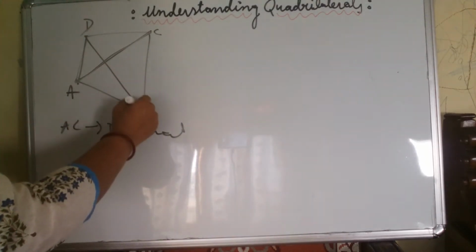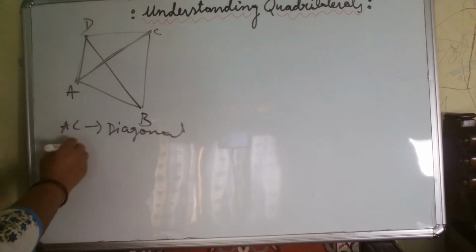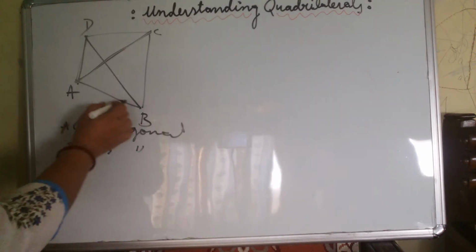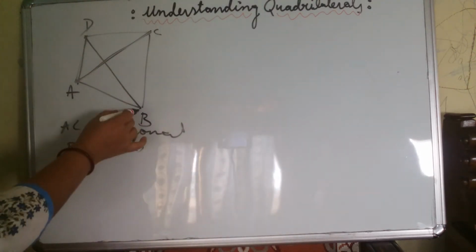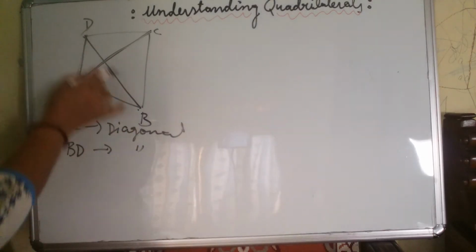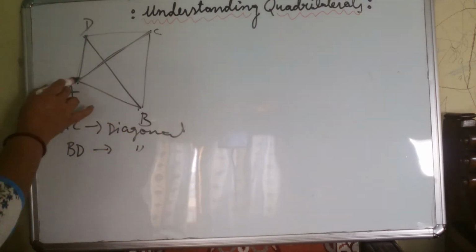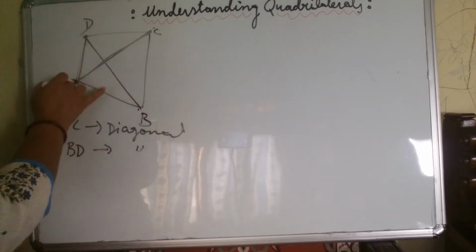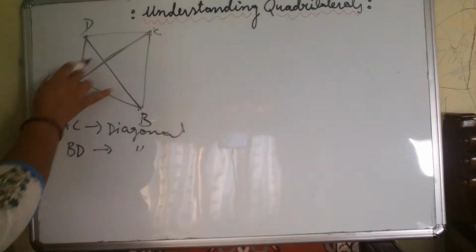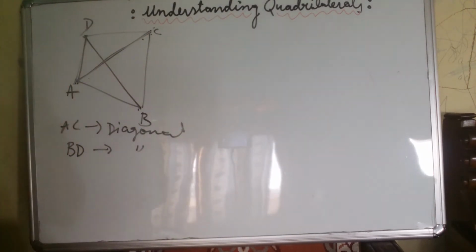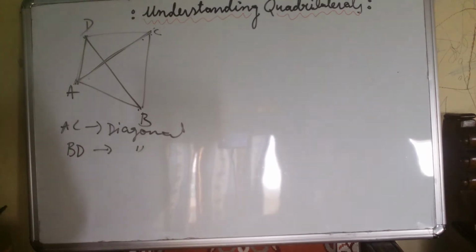And again we can get BD also as its diagonal. So diagonal is a line segment which joins 2 non-adjacent vertices. These A and B are adjacent. This A and C are non-adjacent. So a diagonal is a line segment that joins 2 non-adjacent vertices.